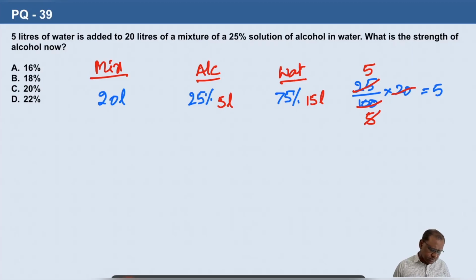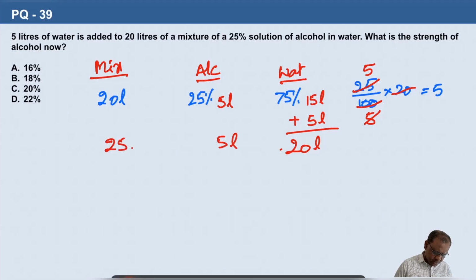Now we are adding 5 liters of water. So what will be the new quantity of water? New quantity of water is 20 liters. And alcohol is same, 5 liters. So total will become 20 plus 5, 25 liters.